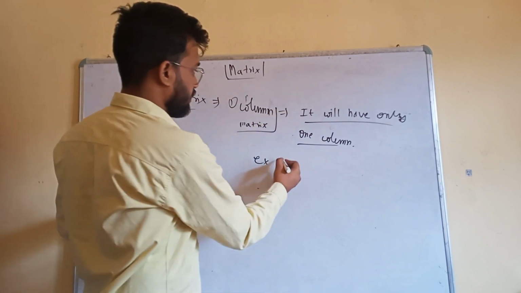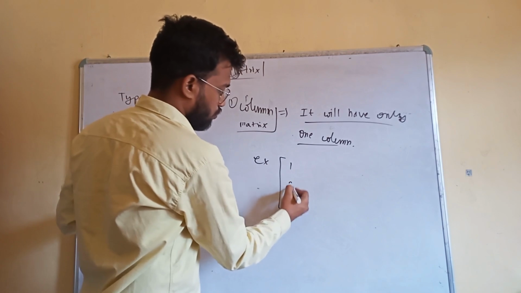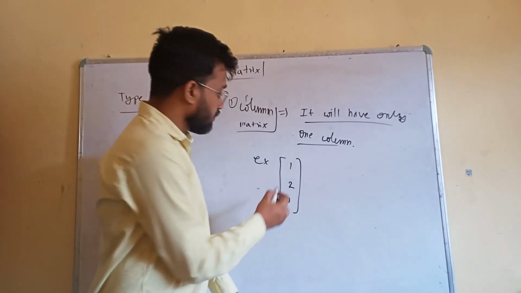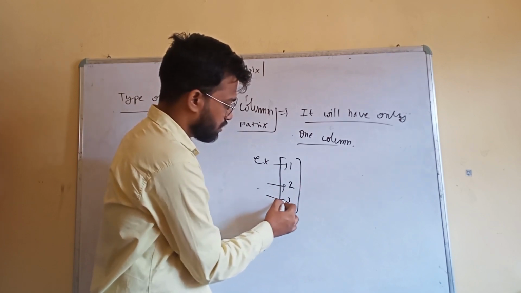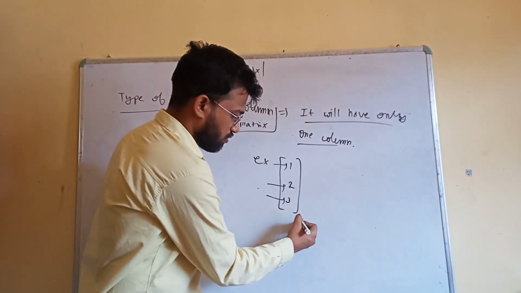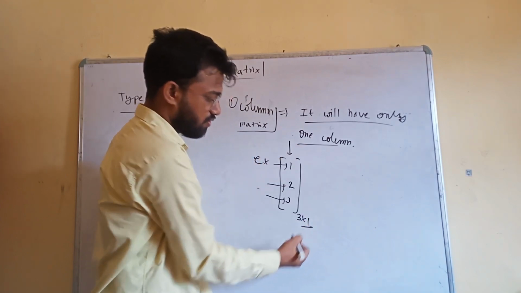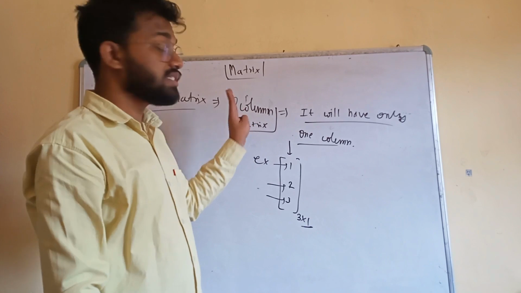For example, we can take 1, 2, 3. Now let's write the order of this matrix. First, second, third, it has 3 rows. So 3 rows and only one column. So see, it is one column only. It means it is a column matrix.